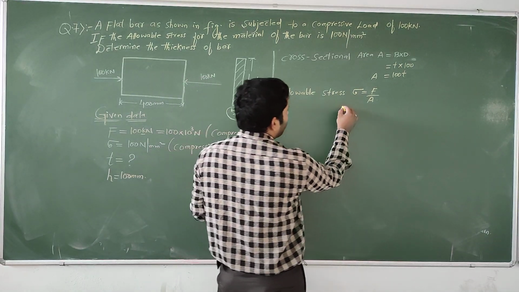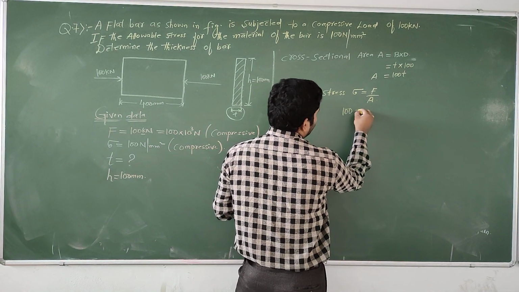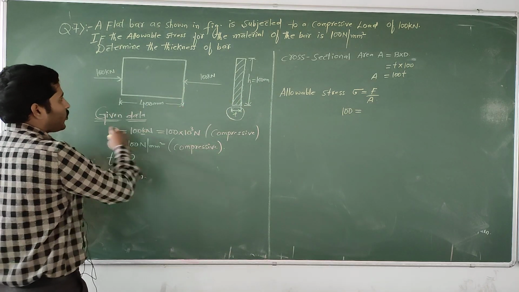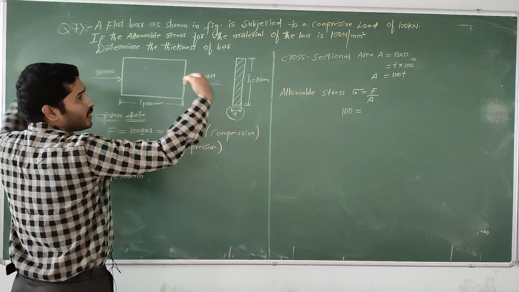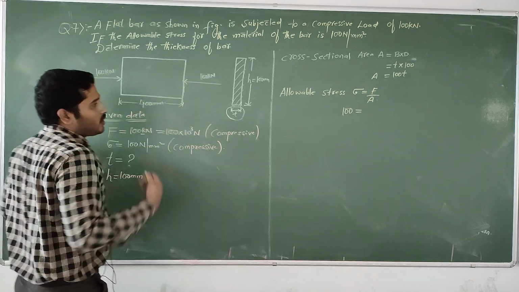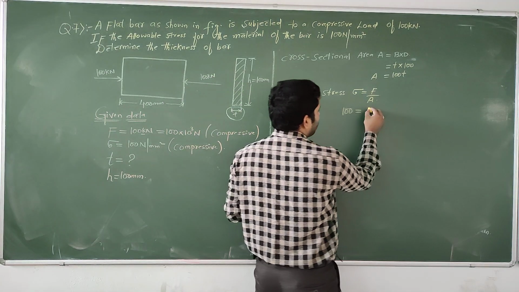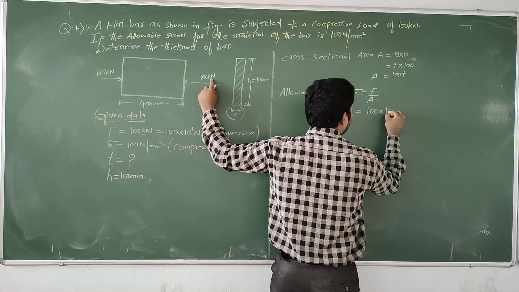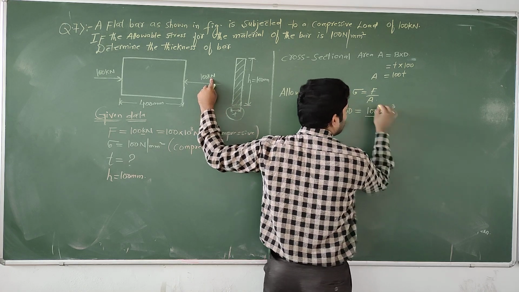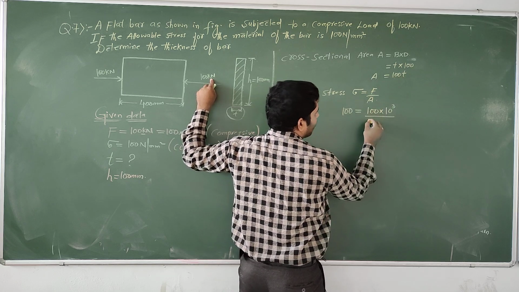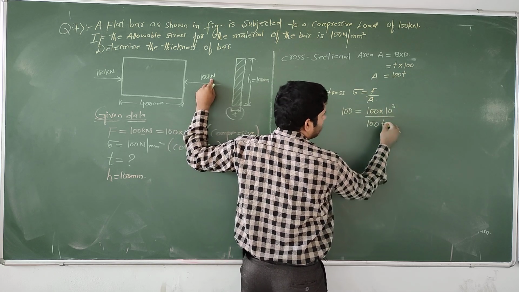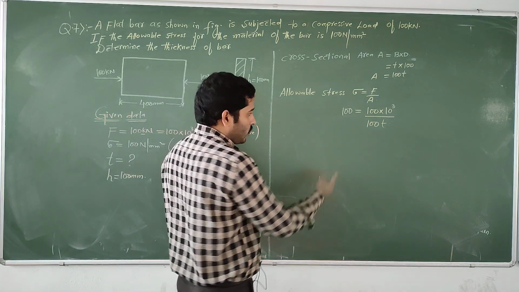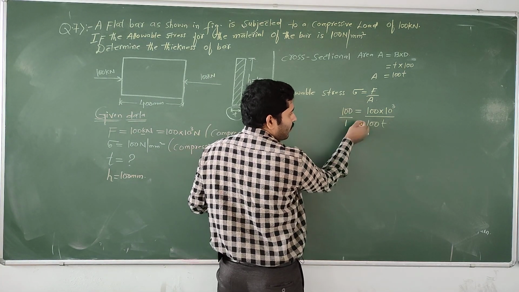Then we can represent here 100 equal to how much force is acting on this bar? The compressive force is acting on this bar. Is it right? Then we can represent 100 into kilo means 10 power of 3 Newton. What is the area? Area is given as 100 T. Is it right? Then you need to cross multiply.